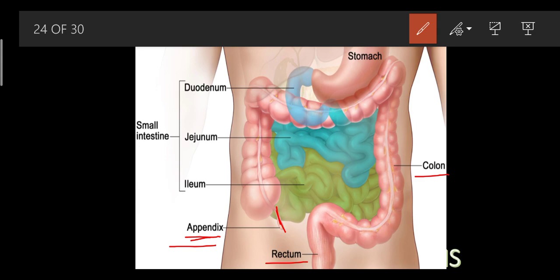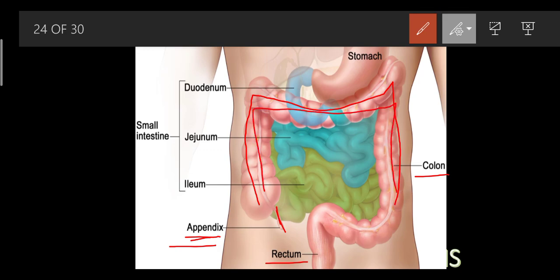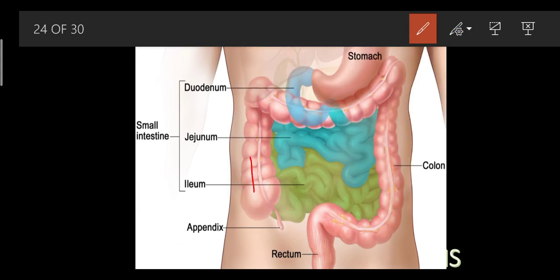Then the second structure is called the colon. What is colon? This is the appendix, and this is the colon part. The part which travels up is called the ascending colon.